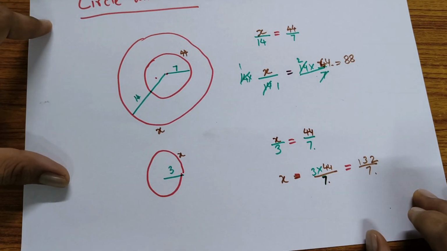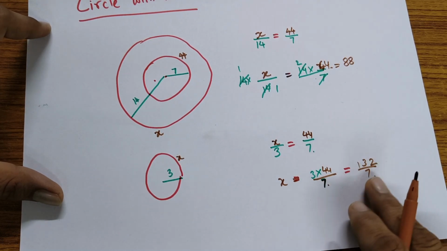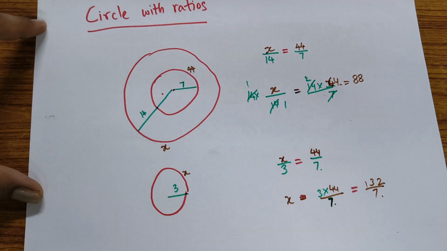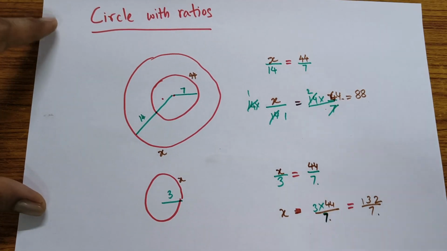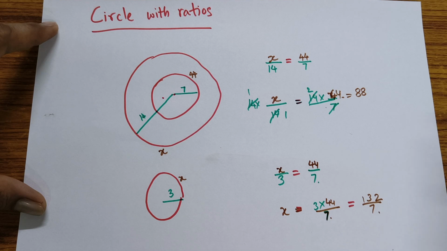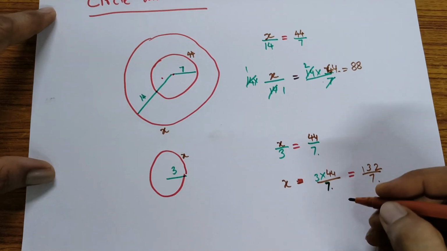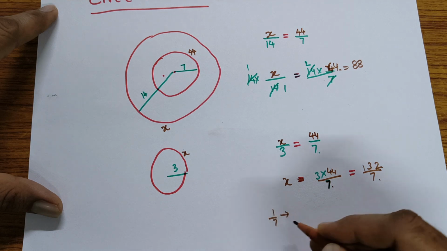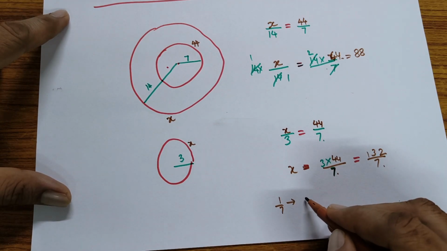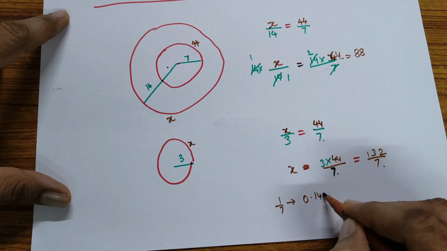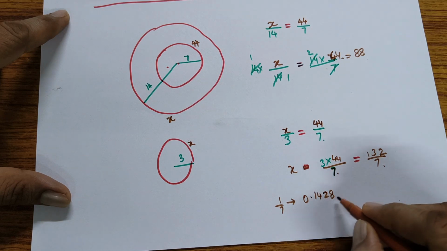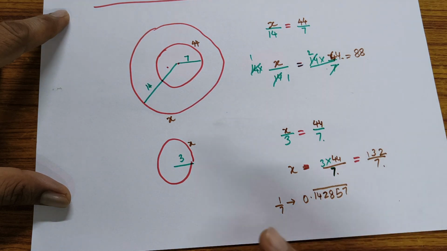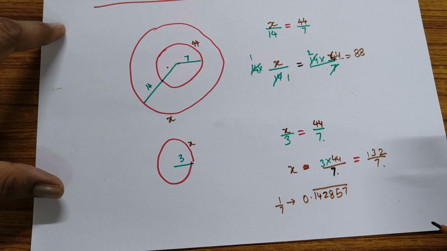So another thing that is very useful is to have taught children, when you're dividing by 7, if you divide 1 by 7, 2 by 7, what you get is that this whole thing is a repeating pattern, right? So the decimal, if you get 1 by 7, will give you 0.142857, and then it repeats, 142857, 142857, right?